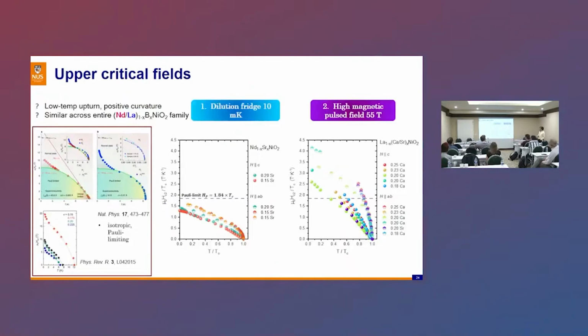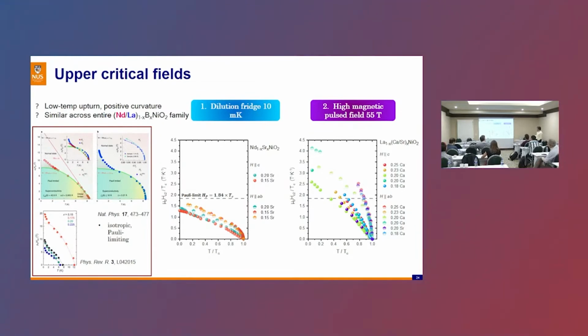Another interesting thing is the upper critical field. Howard Wang has reported before an isotropic Pauli-limited behavior in the case of the Nd nickelate, as well as an upturn at very low temperature.